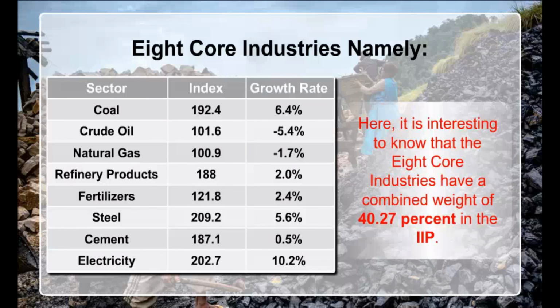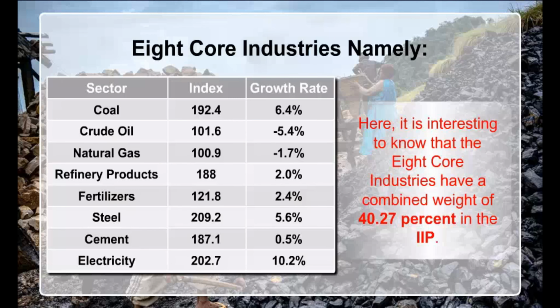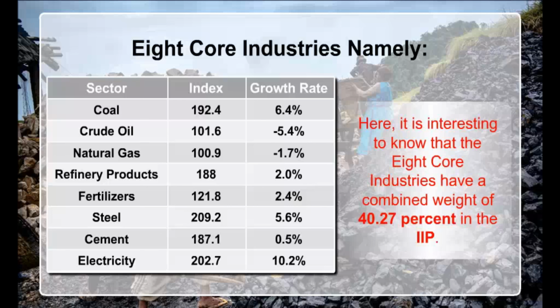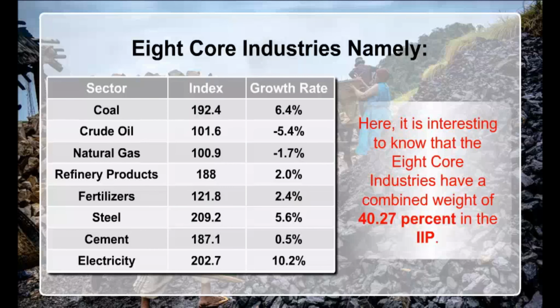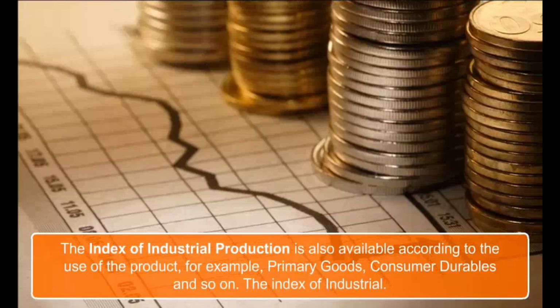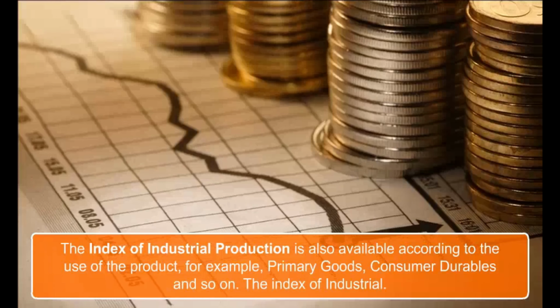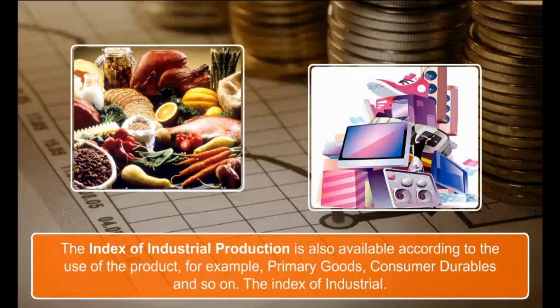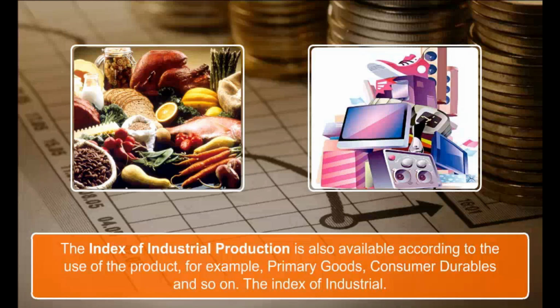It is interesting to know that the 8 core industries have a combined weight of 40.27% in the IIP. The Index of Industrial Production is also available according to the use of the product, for example, primary goods, consumer durables, and so on.